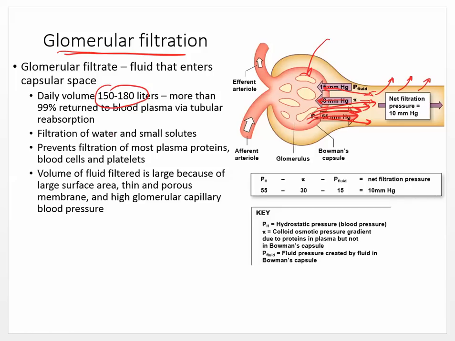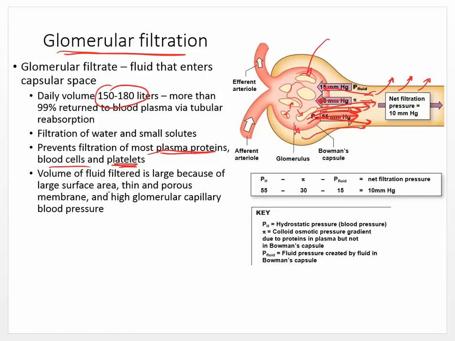Okay, so filtration of water and small solutes happens at the glomerular filtration, which prevents the filtration of most plasma proteins, most of these larger proteins, blood cells, and platelets. I didn't mention platelets, but that's part of that group of blood cells. Okay, so the volume of fluid filtered is large because of large surface area, and that's what this is doing. It's trying to get the biggest surface area possible, so we have filtration happening all over the place, and this fluid will then all move into the proximal tubule.